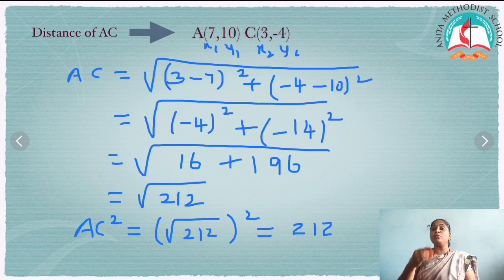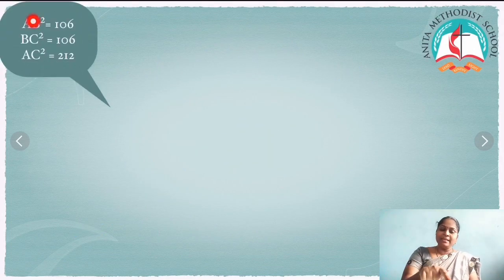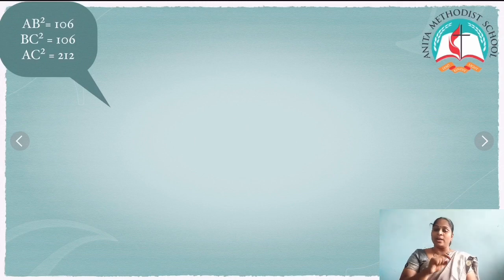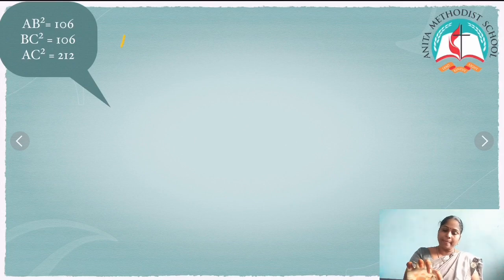So now we have finished finding all three side distances. What are the three side distances? AB square is 106, BC square is 106 and AC square is 212. Look at these three. If I add AB square and BC square, what is AB square? 106.